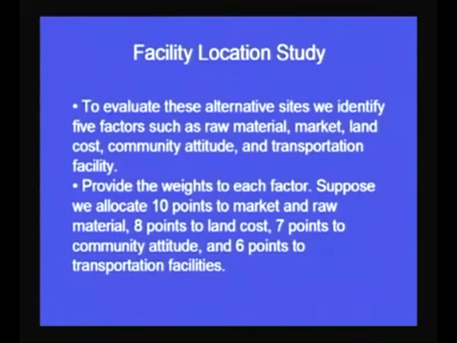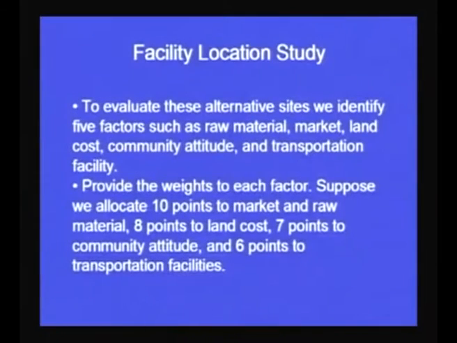We identify 5 factors such as raw material, the first factor, market, the second factor, land cost, the third factor, community attitude, the fourth factor, and transportation facility, the fifth factor. So, we have taken 5 different factors on the basis of which we are going to make a decision regarding the best location out of the 3 proposed sites.